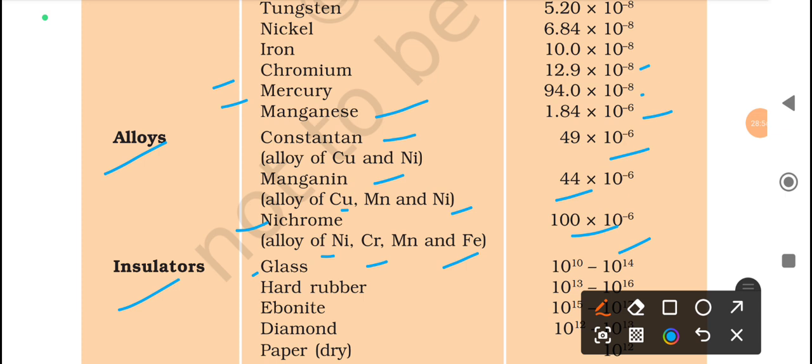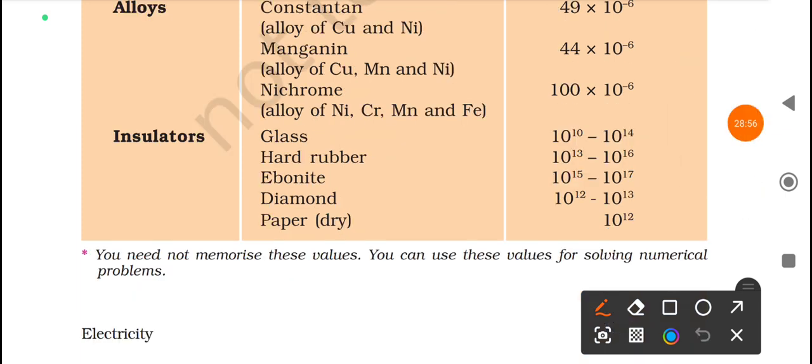Insulators: glass 10 to the power 10 to 10 to the power 14. Hard rubber 10 to the power 13 to 10 to the power 16. Ebonite 10 to the power 15 to 10 to the power 17.